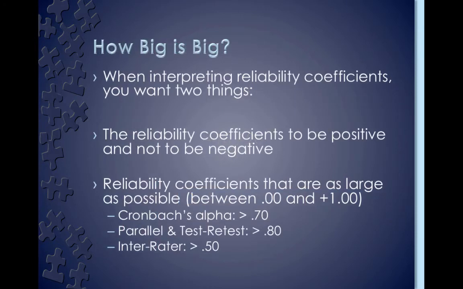So now that we've talked about our 4 different types of reliability, when we have our reliability coefficients, we want them to be 2 things. We want them to be positive and not negative. So you think about the 4 measures: test-retest reliability coefficient, parallel forms reliability coefficient, internal consistency, your Cronbach's alpha coefficient, and your inter-rater reliability coefficients.